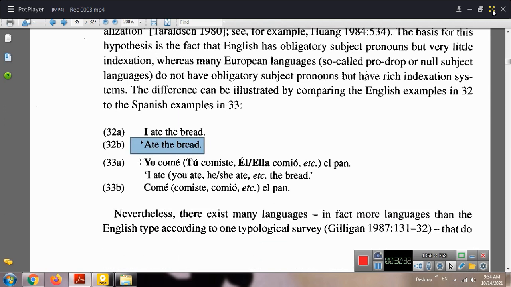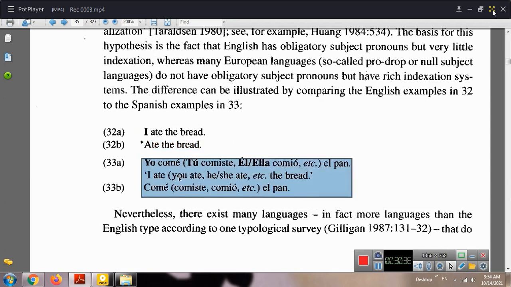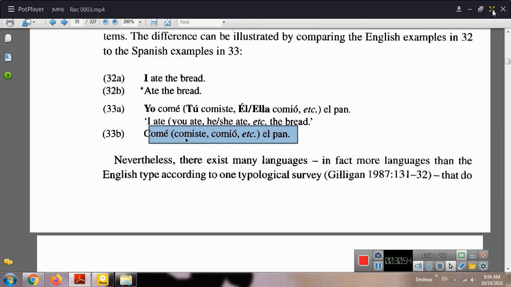But as you can see in Spanish, we can do that. We can delete the subject and it is correct. Here we have you, which is the subject. In Spanish, we delete that and it is correct again because it is a pro-drop language.